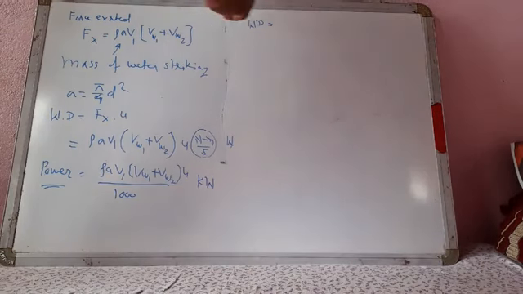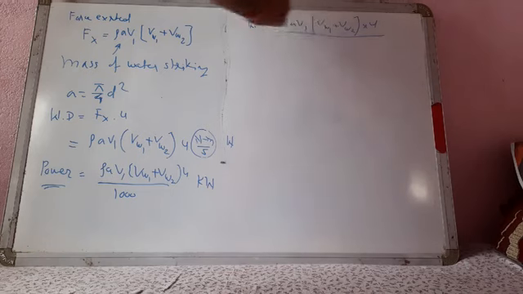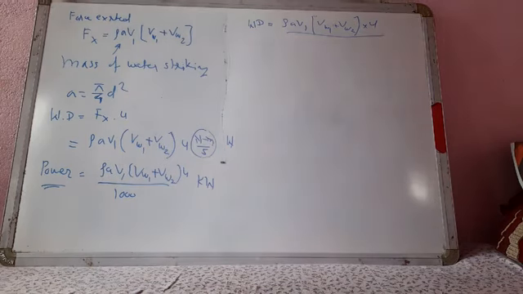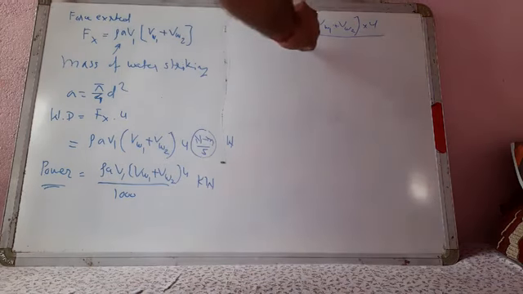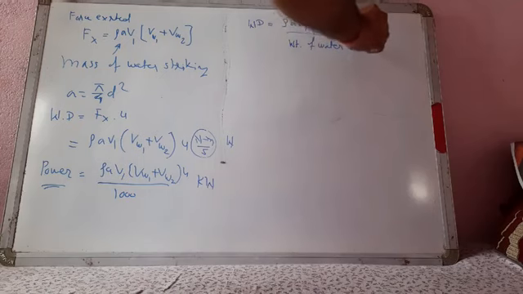Here this is rho A V1 (VW1 plus VW2) into U divided by the weight of water striking per second.